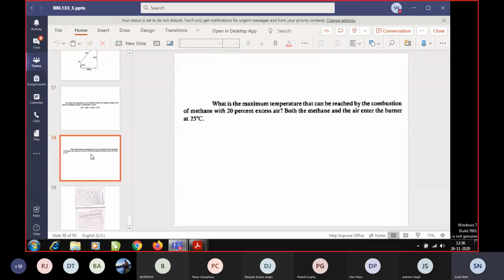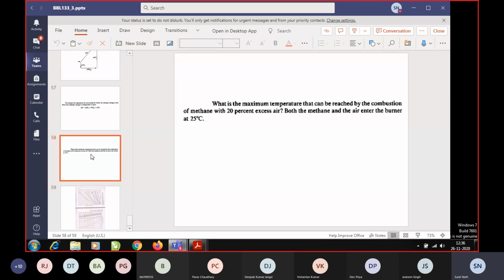So what is the composition of the product stream at temperature T and 1 atmosphere? How many moles of CO2 does it have? Since we started with 1 mole of methane, we'll have 1 mole of CO2. How many moles of H2O? 2 moles of H2O. Very good. How many of the nitrogen and how many of the oxygen?